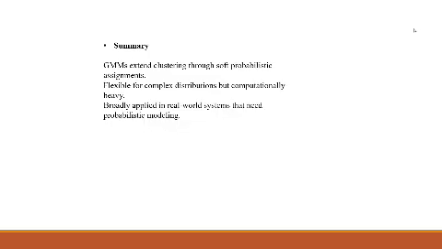In summary of the Gaussian mixture model, GMM extends clustering through soft probabilistic assignments, flexible modeling of complex distributions, and is computationally heavy. Third, it is broadly applied in real world systems that need probabilistic modeling.